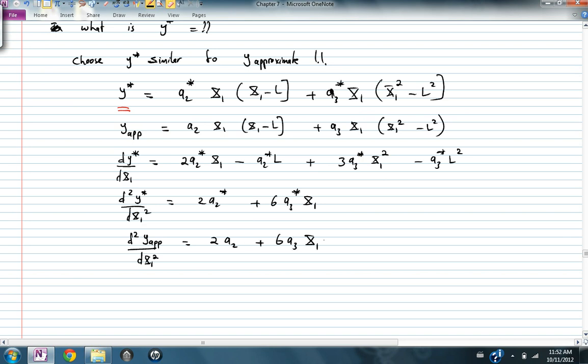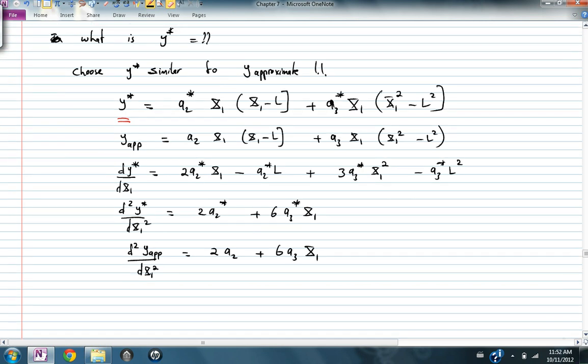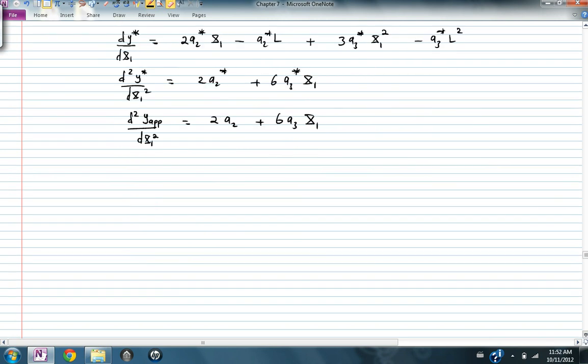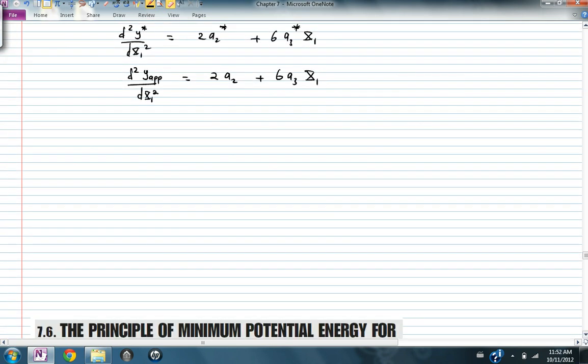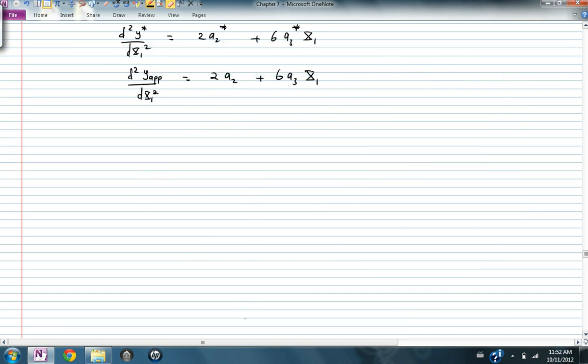Okay, and now I'm going to substitute into the equations of virtual work. This is the beam, and these are the external forces acting on the beam, and I have y star, the virtual displacement.